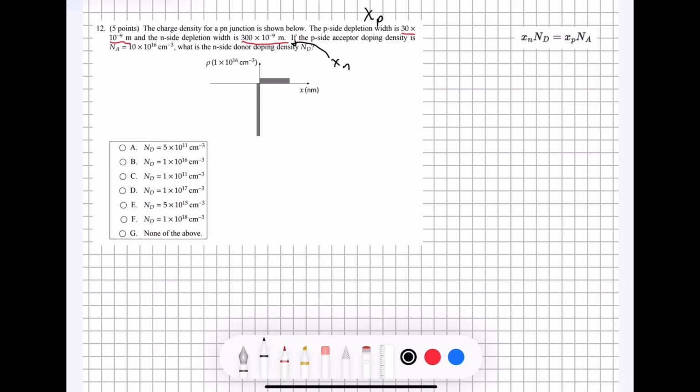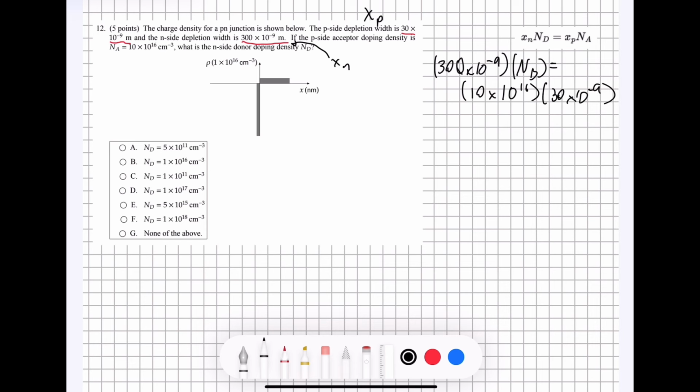So if we're plugging that into our formula up here, you're going to write 300 times 10 to the negative 9 multiplied by Nd equals 10 times, that's Na technically, but it doesn't really matter if we write them out of order, and then 30 times 10 to the negative 9.